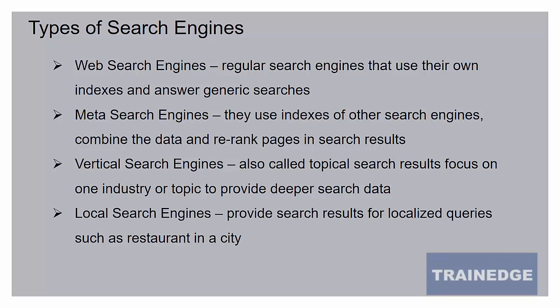Then there are local search engines. They provide localized results for search queries. For example, Zomato provides you search results about restaurants in a city. So it is a form of local search engines applied to a specific vertical, which is restaurant.